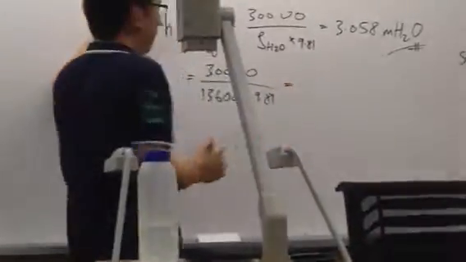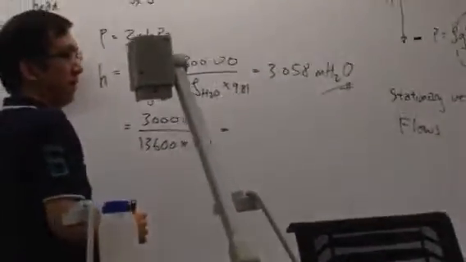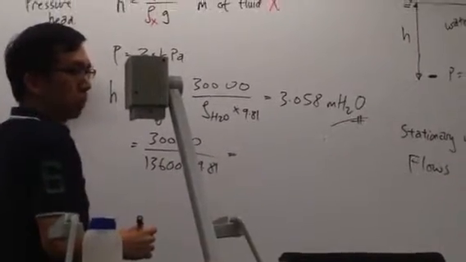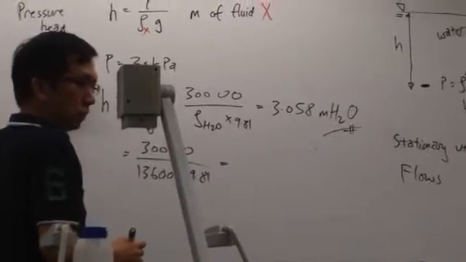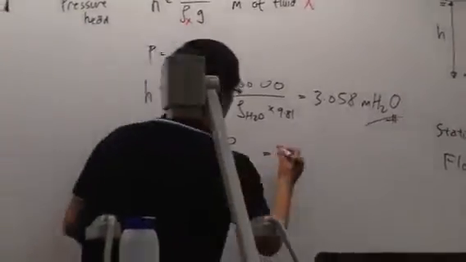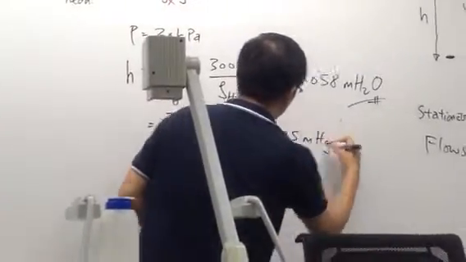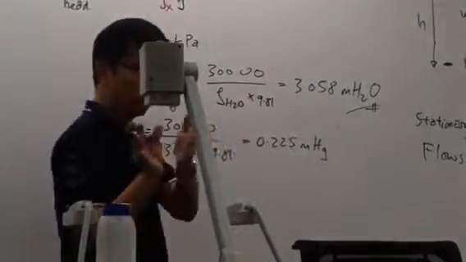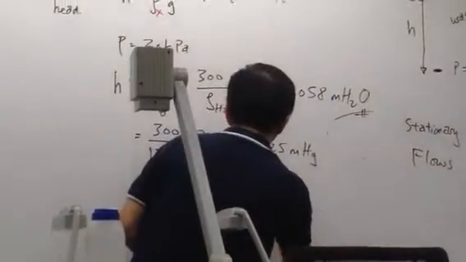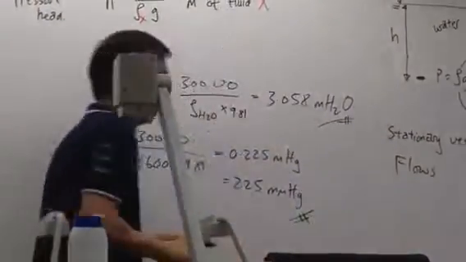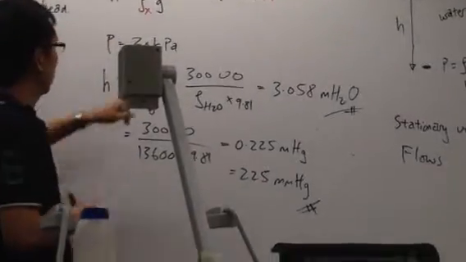So this is meters of mercury, but what's the value? 0.225 meters of mercury, but I want you to express in mm of mercury, right? It will be 225 mmHg.